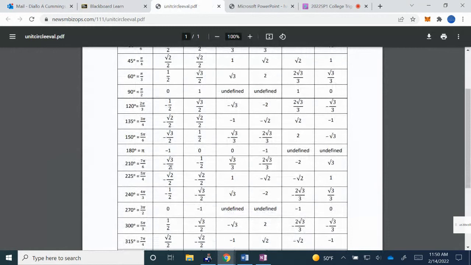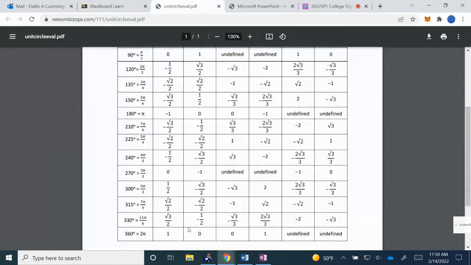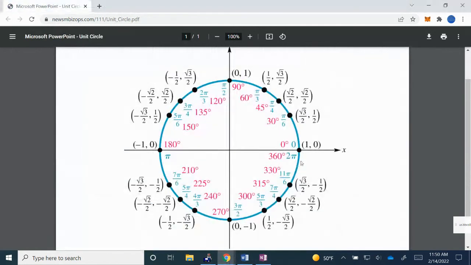So this is basically what I'm going to do. I'm going to look for an angle in the fourth quadrant. Keep in mind these angles in the fourth quadrant are 300, 315, and 330. I just want to find out which one of these angles has a tangent value of negative square root of 3.